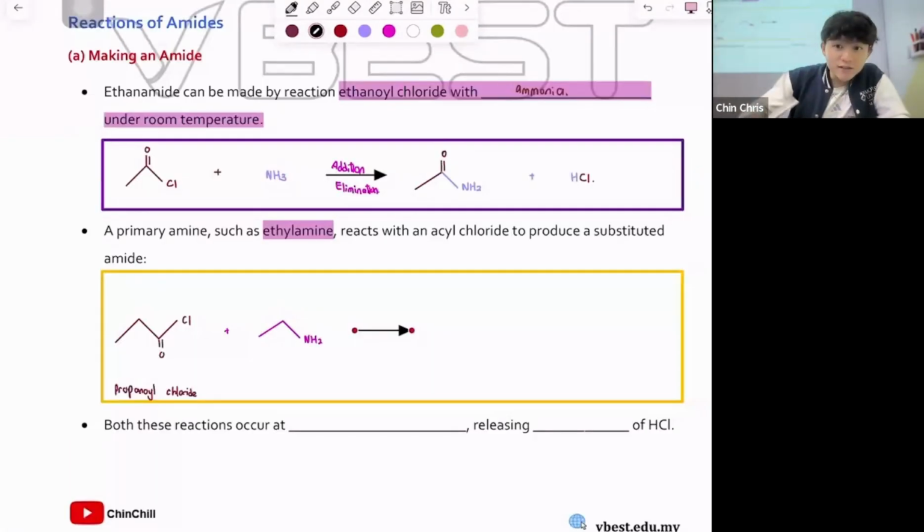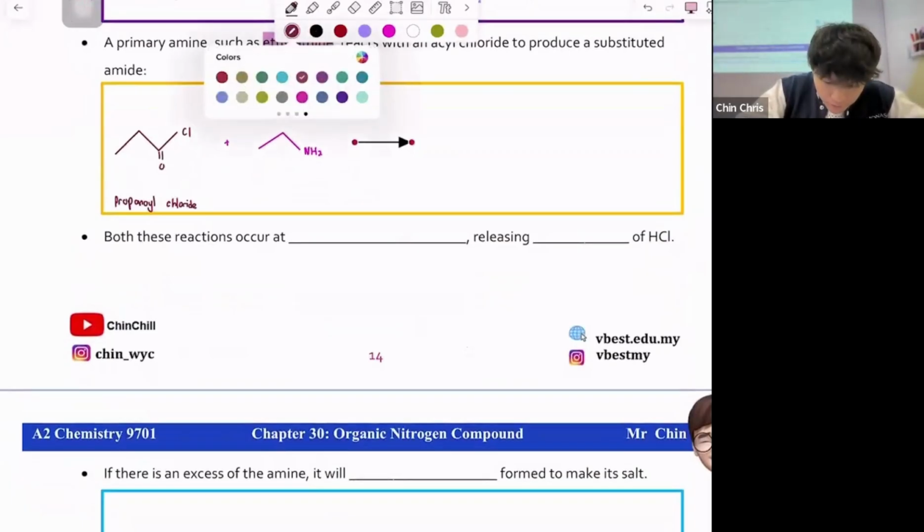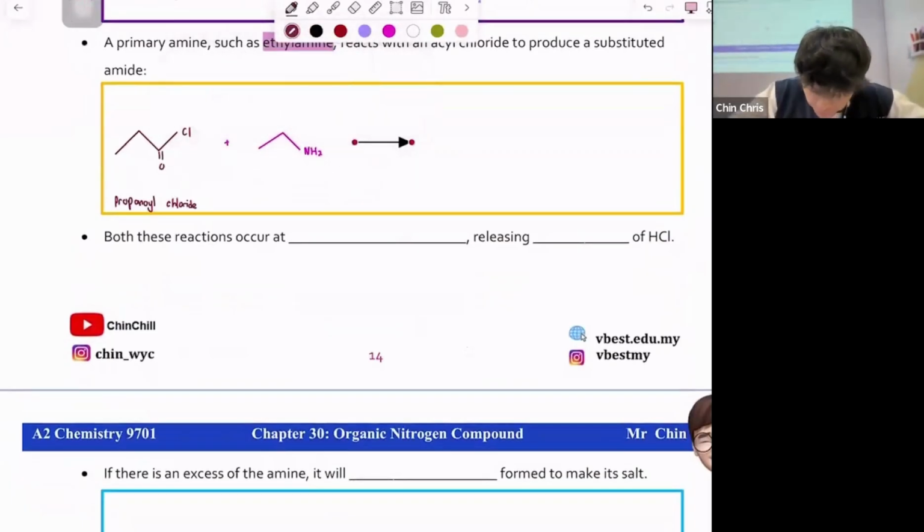All right, guys, what's your answer? 1, 2, 3, double bond O, and it's bonded to NH, right? Is that correct?